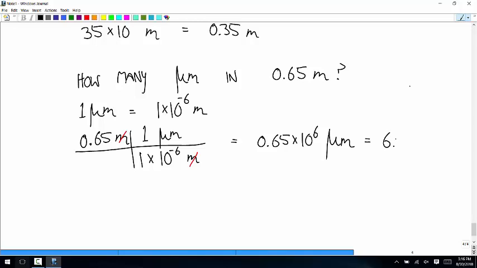And that is 6.5 times 10 to the 5th microns in scientific notation. Any questions about that? Okay.